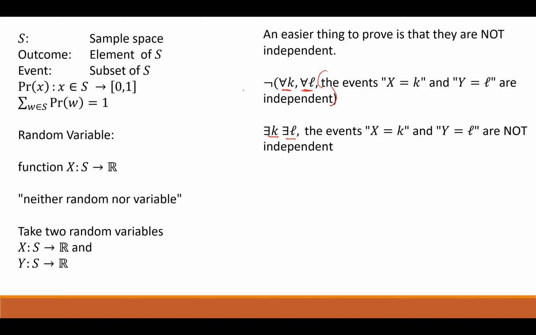So that means this statement turns into there exists a k, there exists an L, such that the events x equal to k and y equal to L are not independent. So that's all I need, is to find one value for x and one value for y.